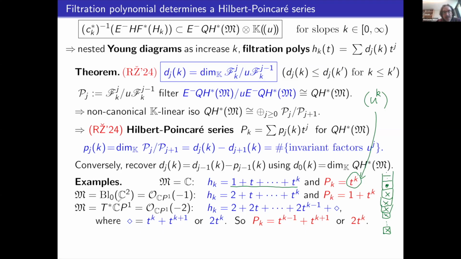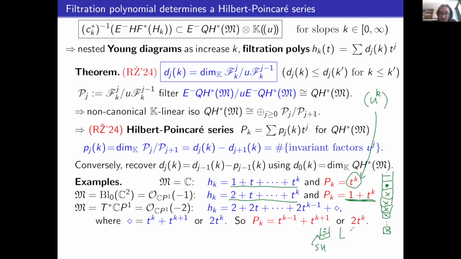For O(-1), so the blow-up of C2 at the origin, you get this filtration polynomial, and this is the series. So here, let me just remind you, this is the Fano case. So we had a piece which was the symplectic cohomology, and then with polynomials in U. So we have these classes, and that part, as we increase the slope, was not changing.